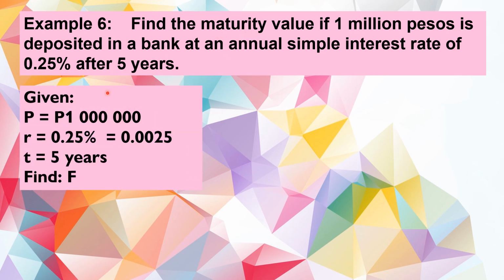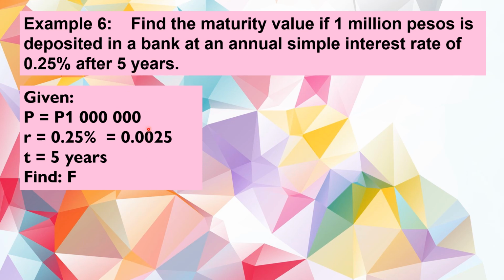So, what are the given in the problem? We have here 1 million pesos is deposited. So, the deposited money is the principal. Then, we have 0.25%, which is our rate. And 0.25% is written in decimal as 0.0025. And our time is 5 years.